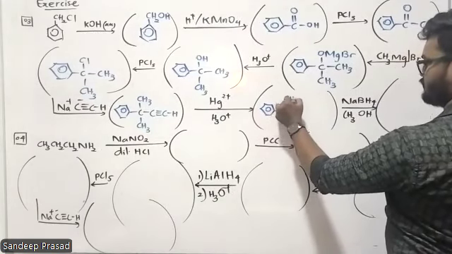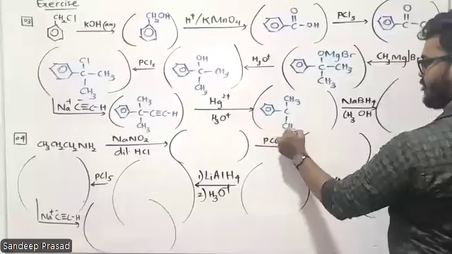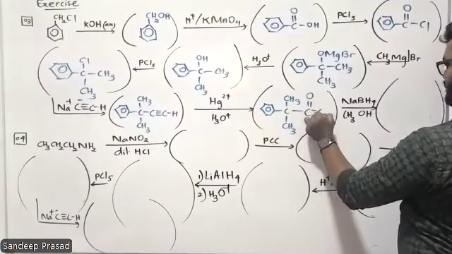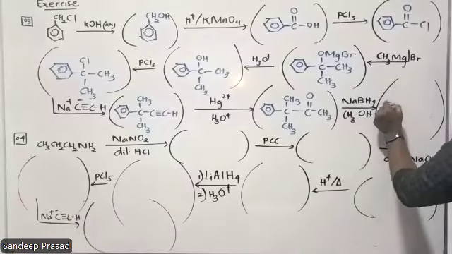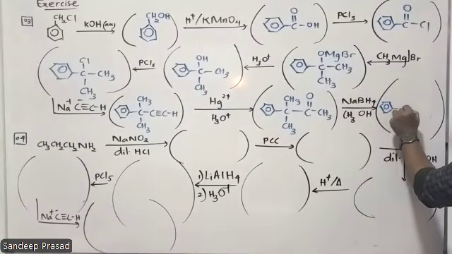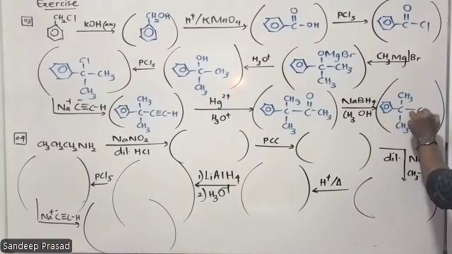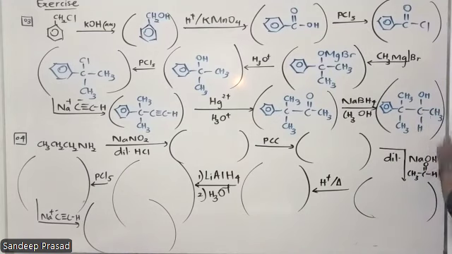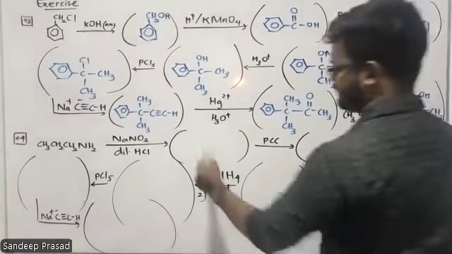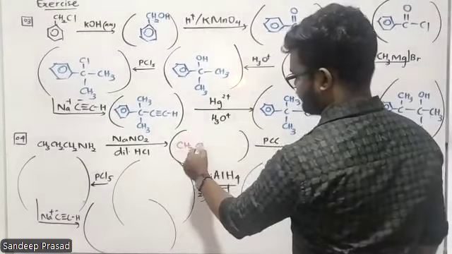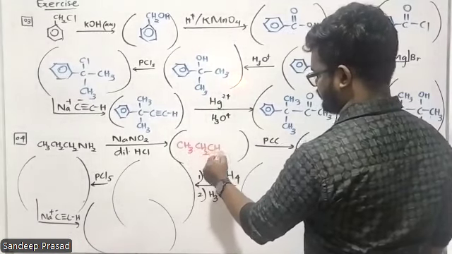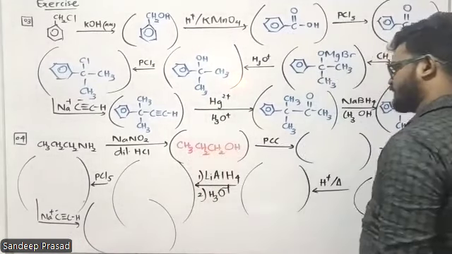So therefore, C double bond O, CH3. Sodium borohydride with methanol. Here we can say CH3, CH2, CH2, OH.